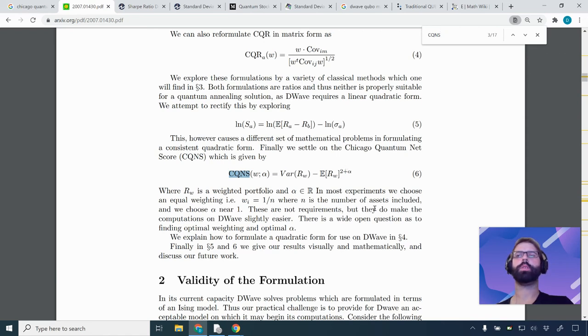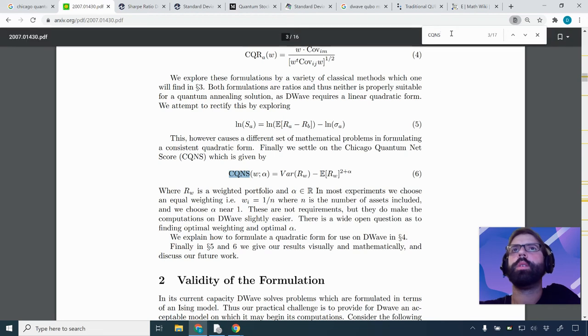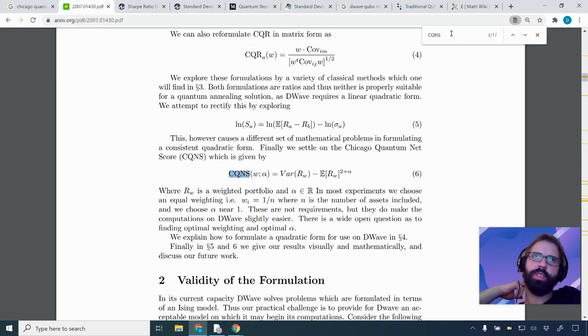Because you want to have the inverse of. Well, what is this E?